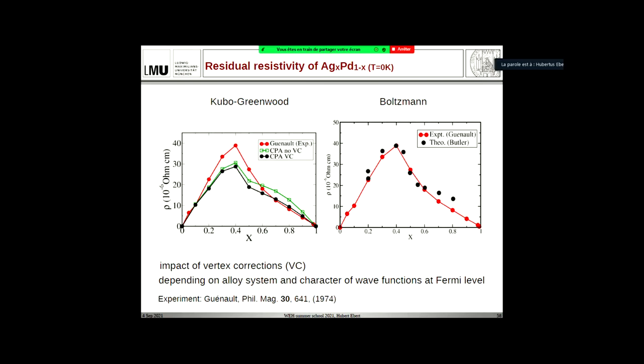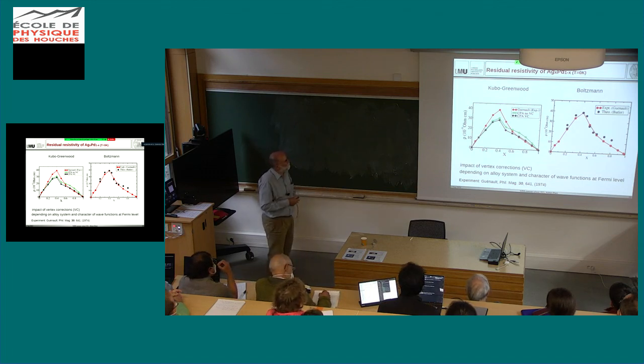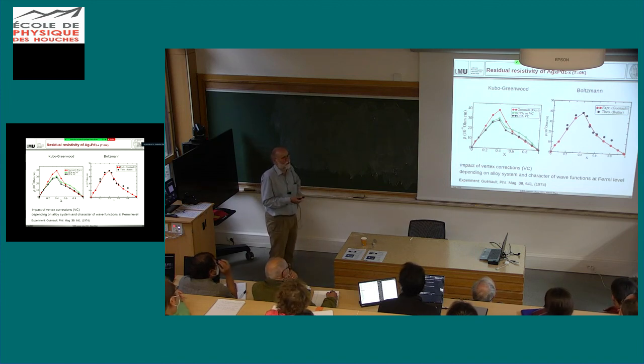And now this is once more his first result. And here I show my own results that we get on the basis of the Kubo formalism. Compared with the experiment, you see we are obviously a little bit off compared to him, but I have no problems with that, because it's always better to be below experimental data concerning resistivity, because we still have mechanisms missing in our calculation.